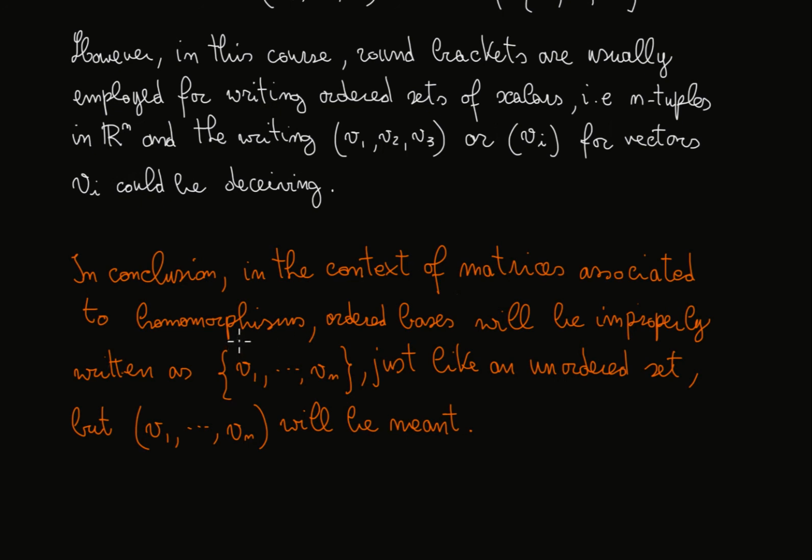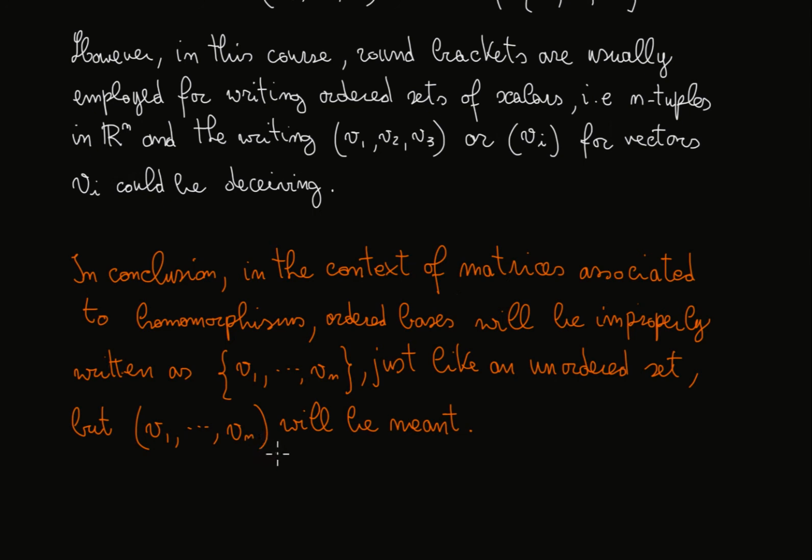So it will mean a set with these elements and in this particular order in which we are writing the vectors. Just like an unordered set, okay? But what we will mean exactly with this notation is the round bracket notation, okay? So the n-tuple of vectors in which v1 is the first vector, v2 is the second, and so on up to vn.